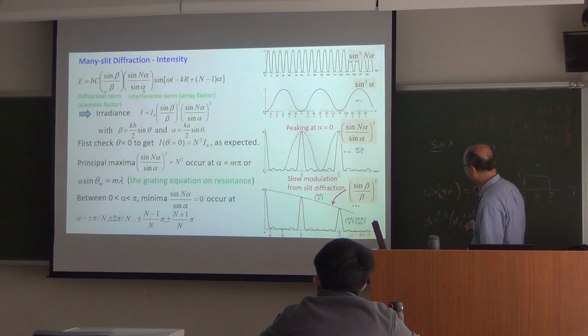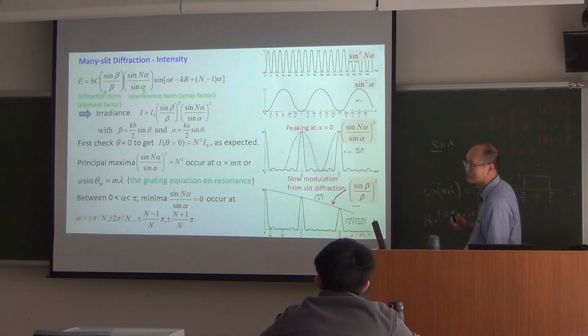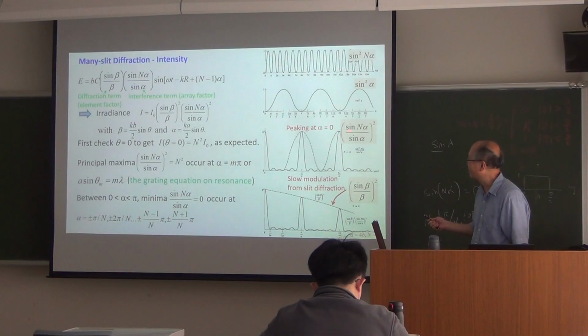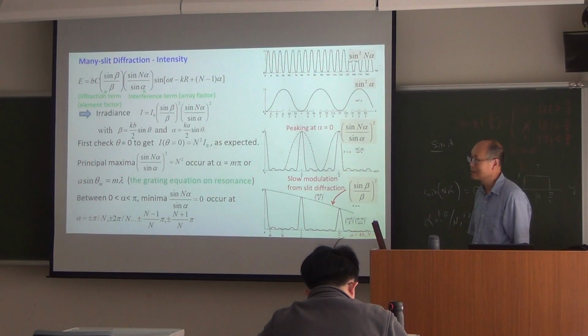When this guy equals 0, then you will have those zeros here, except at this point, because at this point you divide the whole thing, 0 divided by 0. Okay, so you get enhancement here. So that's how you generate this pattern.